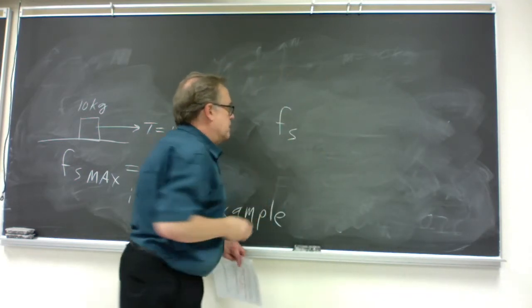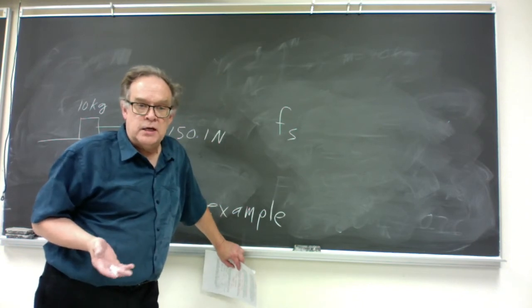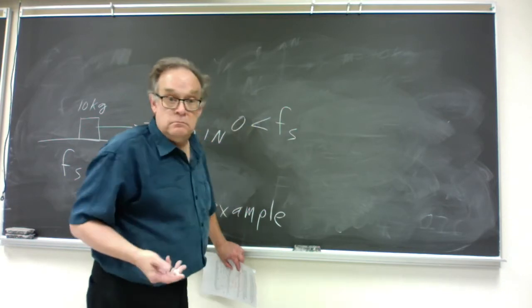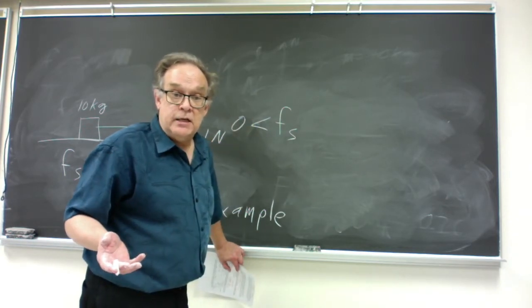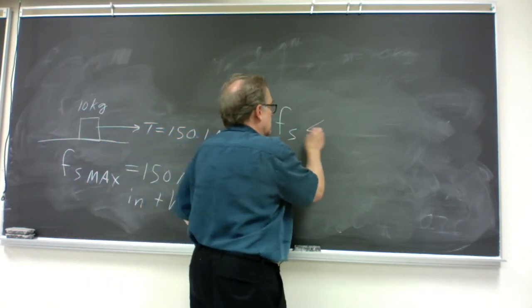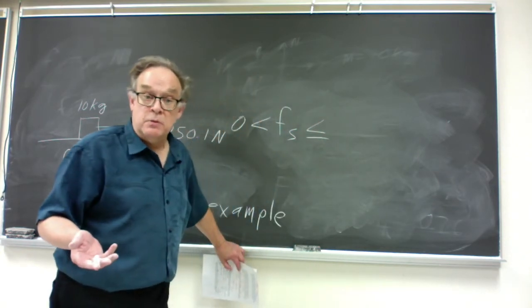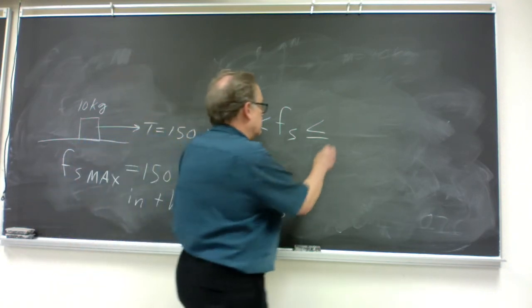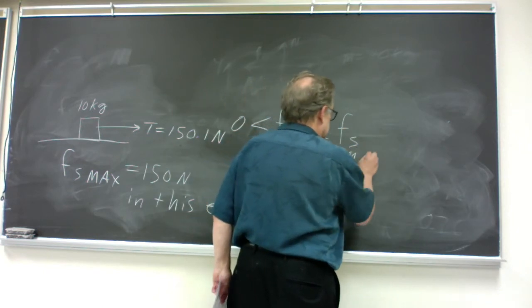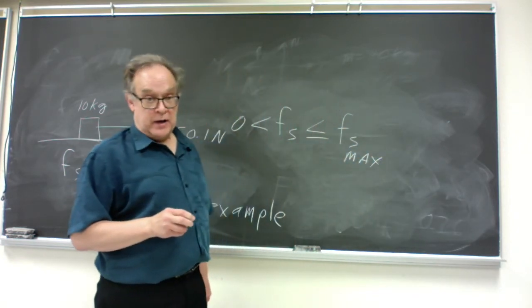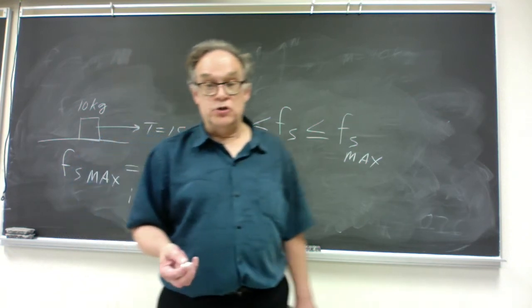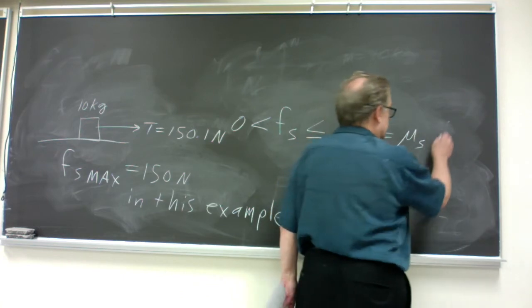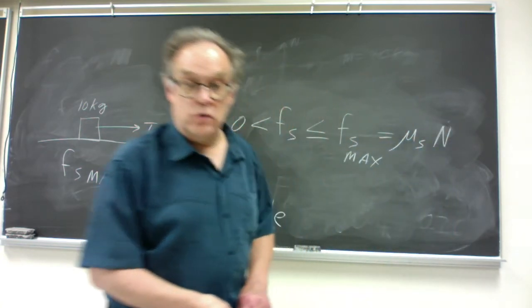The actual static friction force could take on any range of values, starting with something tiny, just barely larger than zero, up to some maximum value. It could reach that maximum value, but it's not going to get any bigger than that maximum value. And that maximum value is directly proportional to the normal force. It's coefficient of static friction times the normal force.